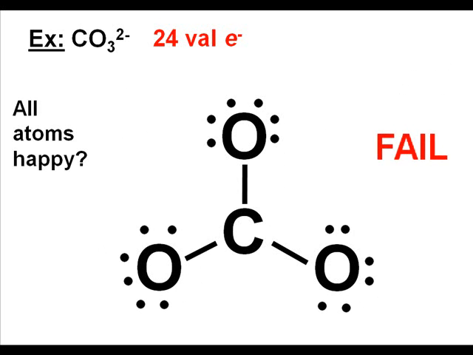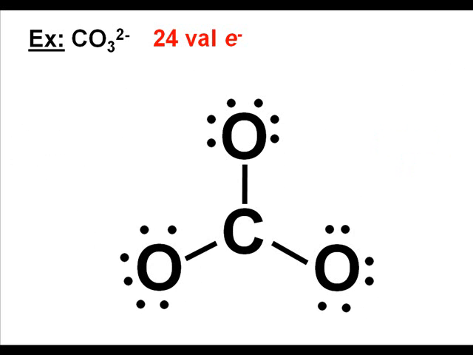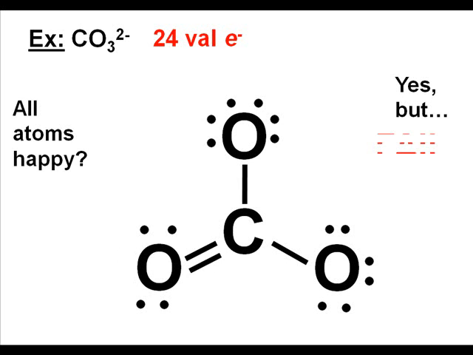So each bond around the carbon is worth 2. We have only 6. How are we going to solve this? Well, what we do is we choose one of the oxygens and create a double bond with the carbon. But we do have one last mistake. Before I get there, let me make a comment on this.